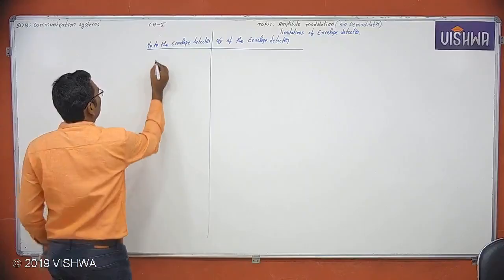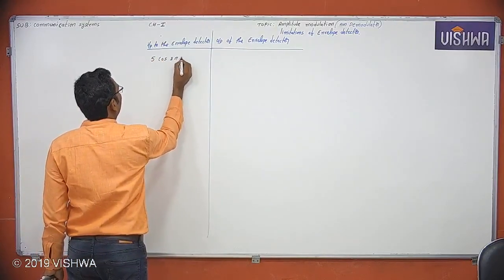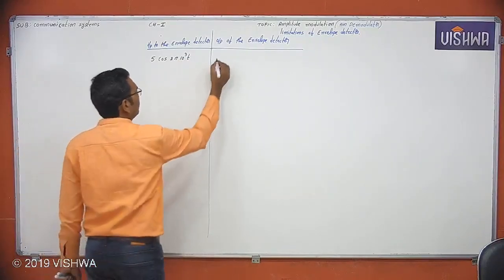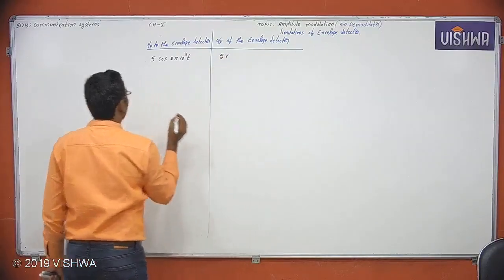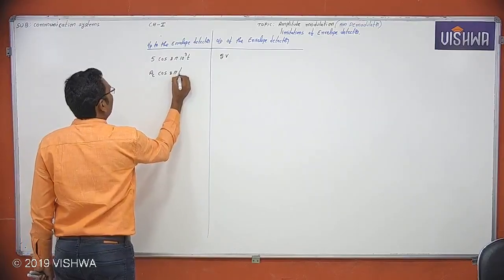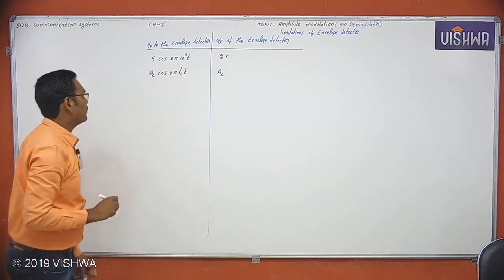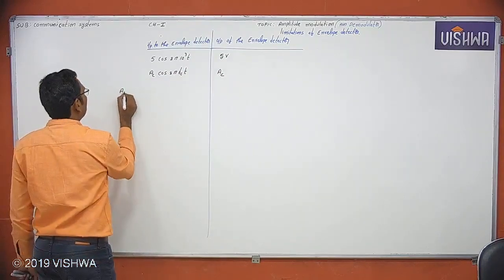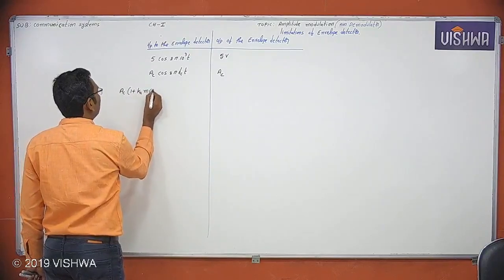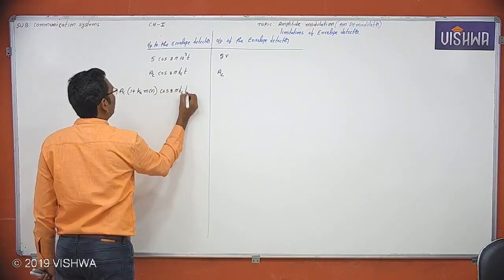Now 5 cos 2 pi into 10 power 3 t is the input to the envelope detector. The output of the envelope detector is 5 volts. Now Ac cos 2 pi fc t is the input, and the output of the envelope detector is Ac. Now Ac into 1 plus Ka into m of t into cos 2 pi fc t is the input to the envelope detector.